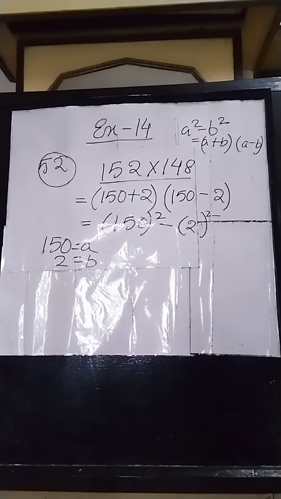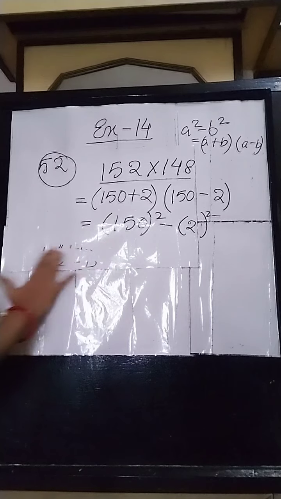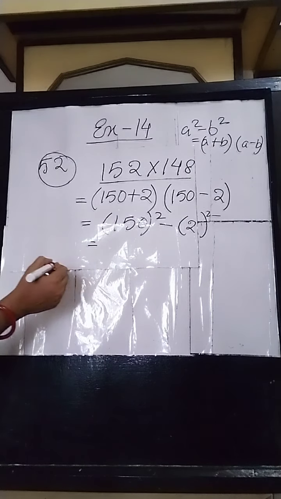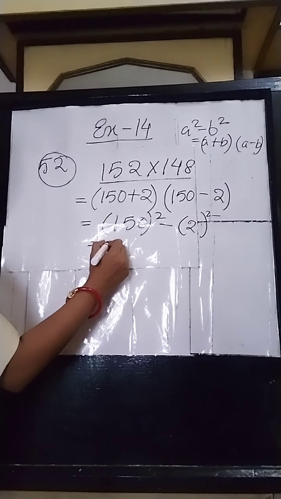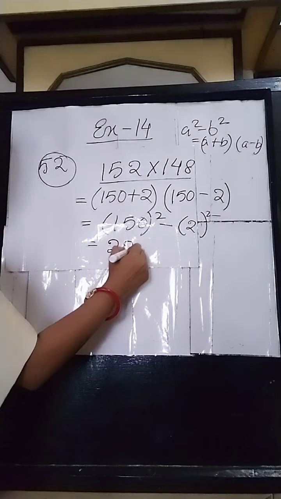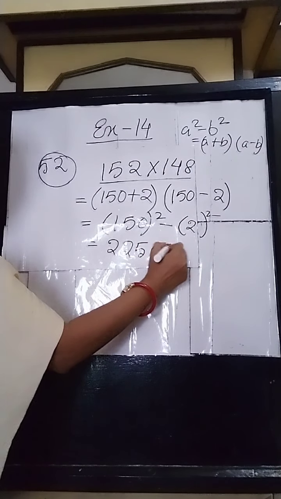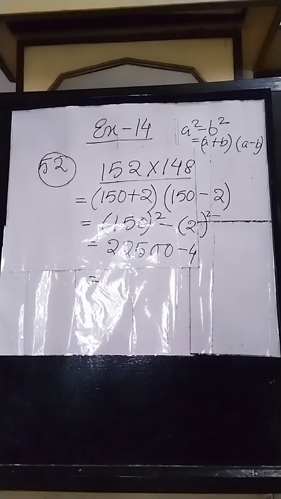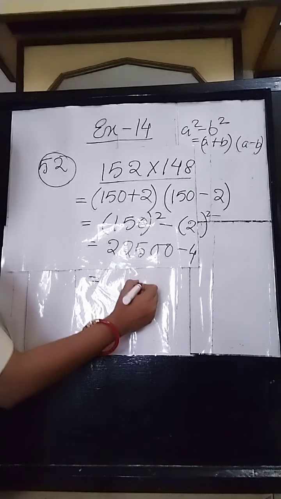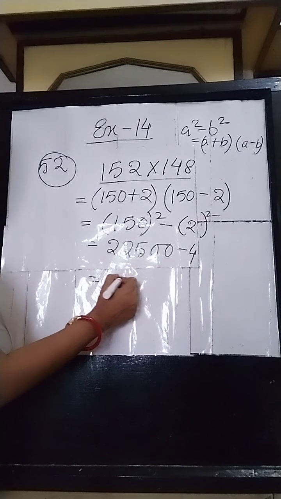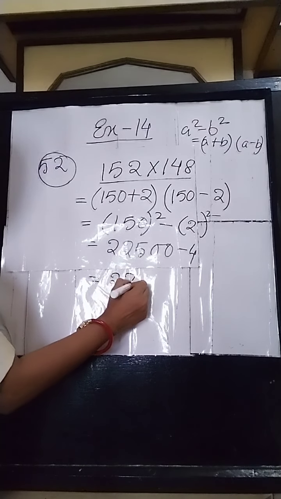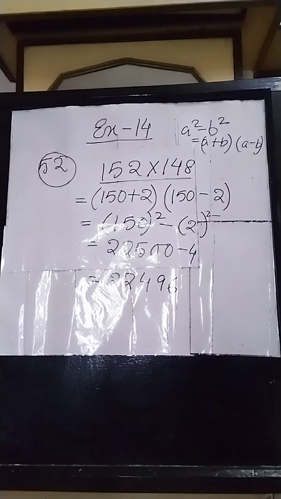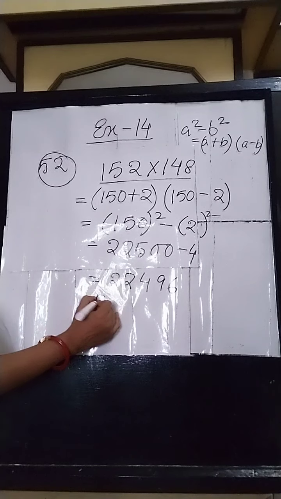So what answer are we getting? 150 into 150, 15 into 15 is 225, so 22500 minus 4. So now you have to subtract and find out the answer. If you subtract 4 from 22500, you are going to get 22496. This is the answer of the sum.